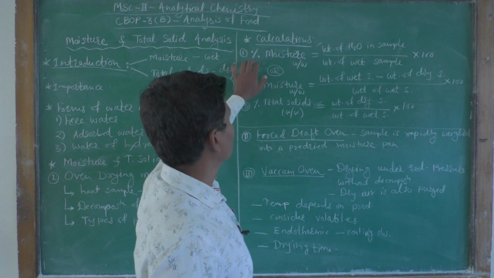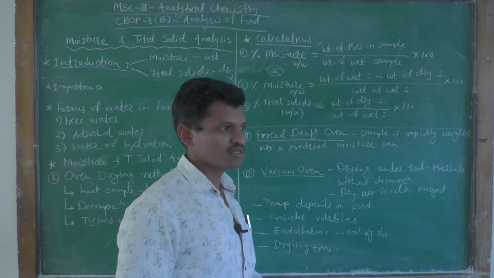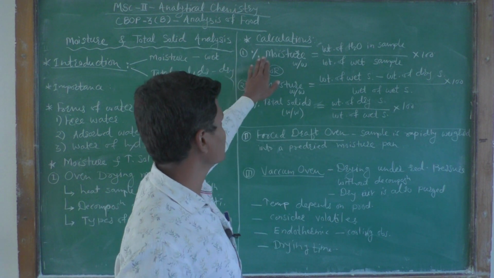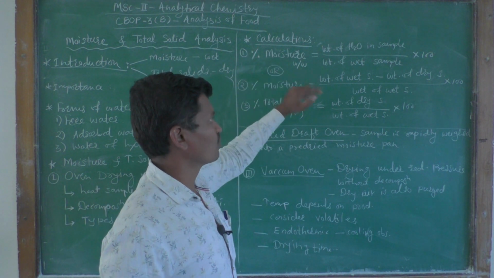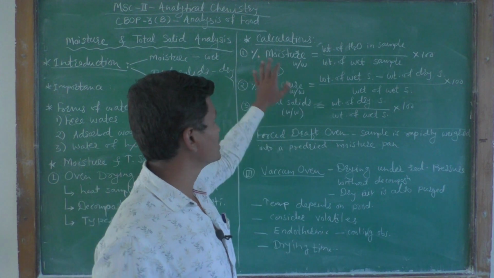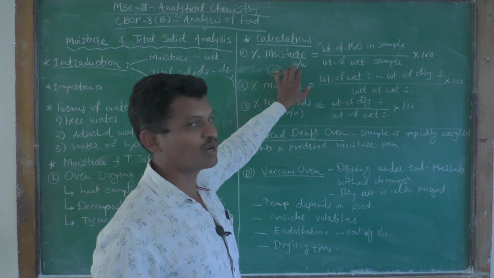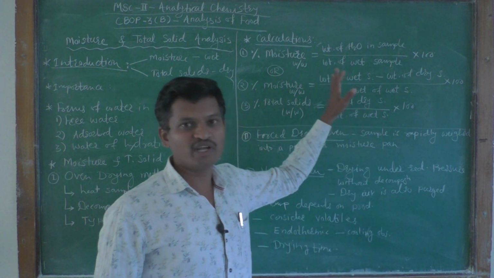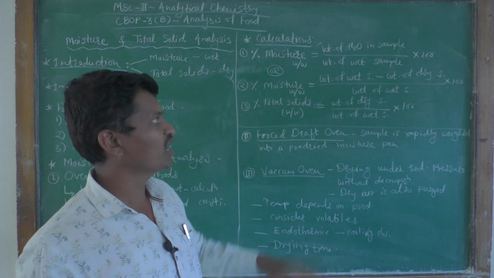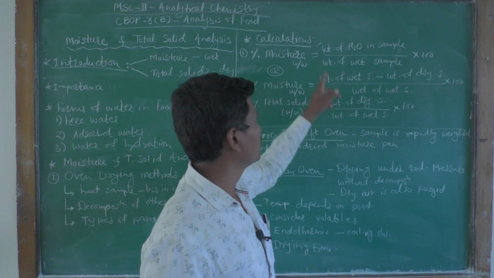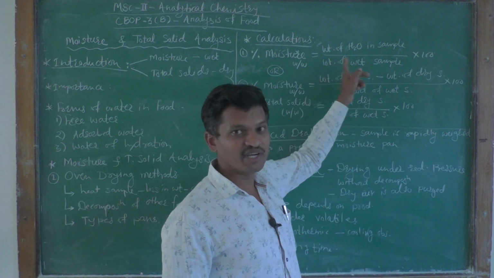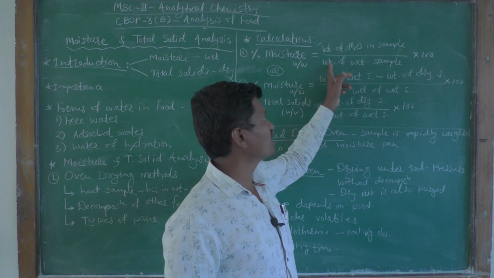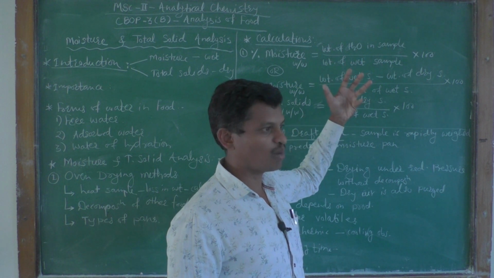For example, there are three formulas for the calculation of moisture and total solid analysis. The first one is percent moisture, weight per weight. Percent moisture is calculated on a weight per weight basis. It is the weight of water, weight of H2O in the sample, divided by the weight of wet sample.